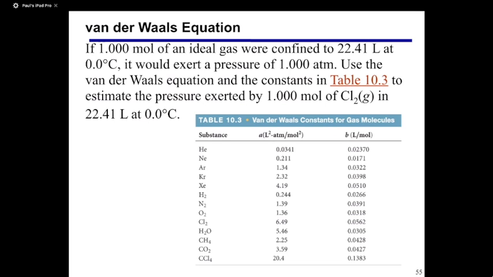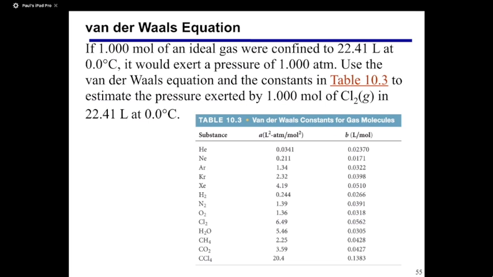If you do it at 22 liters and only at 0 degrees Celsius, there's essentially almost no difference because the volumes are so large and the temperatures are so hot, relatively. Even 0 degrees Celsius is hot. It has to be substantially negative degrees Celsius, and the volumes have to be very, very tiny for Van der Waals to really change the calculation.